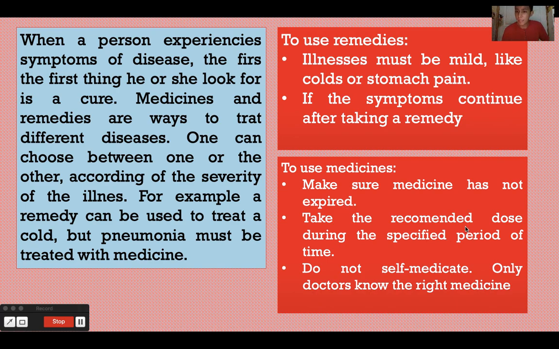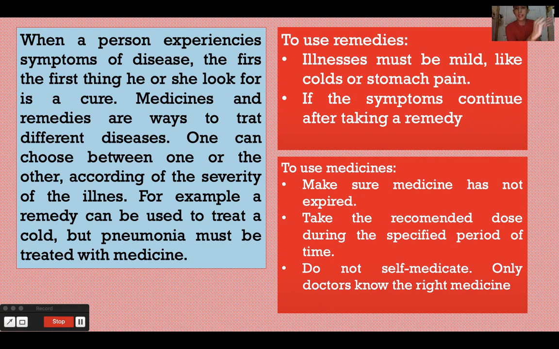Take the recommended dose during the specified period of time. When you go to the doctor and you explain all what is happening with you, the doctor gives you a letter with guidelines, for example, okay, Montserrat, these are your guidelines for your medicine.